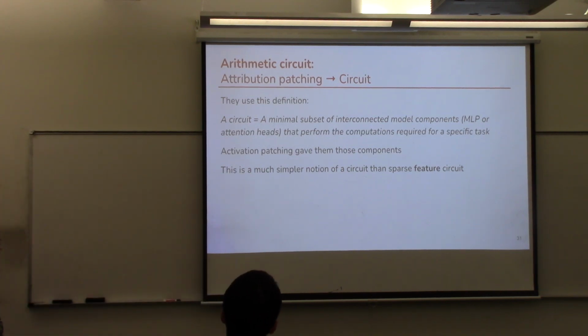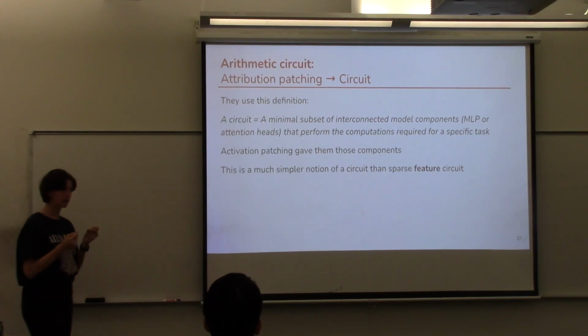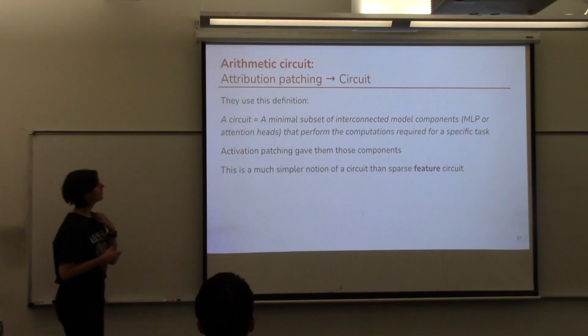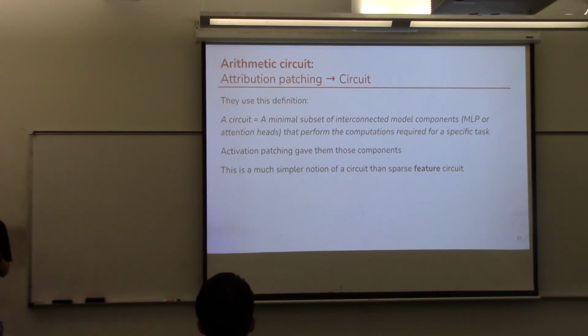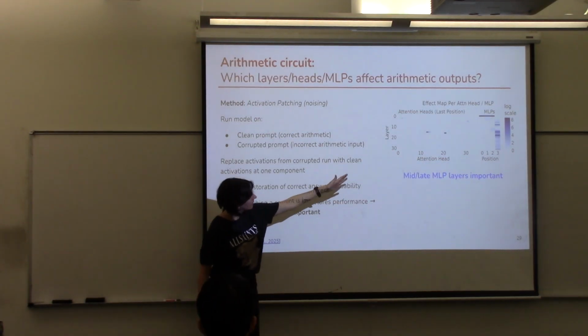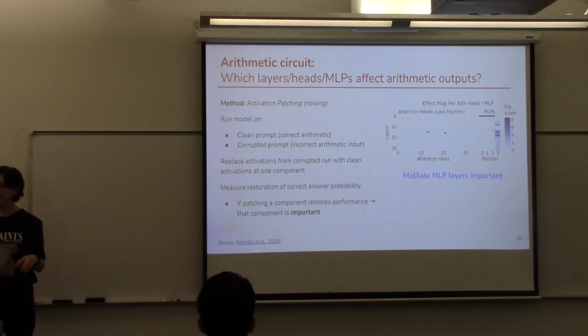For them, the circuit is just a collection, a set, instead of a specific graph, of model components that are important for specific tasks. Activation patching did give them such, attention heads and MLPs, and those that are deemed important by them, they take as a set, and that's a circuit for them, okay?